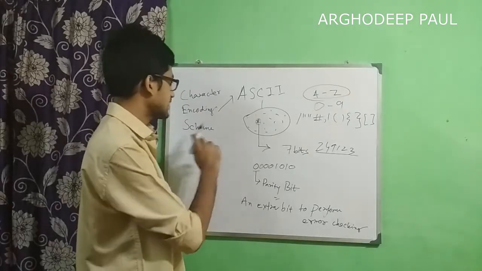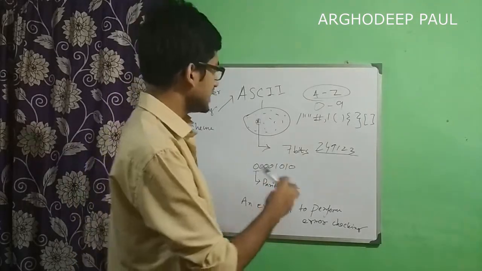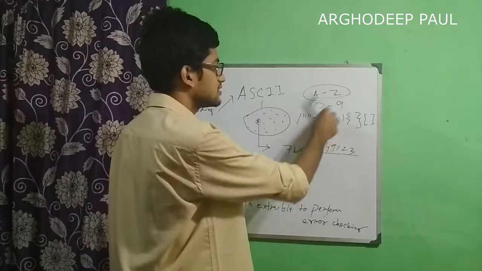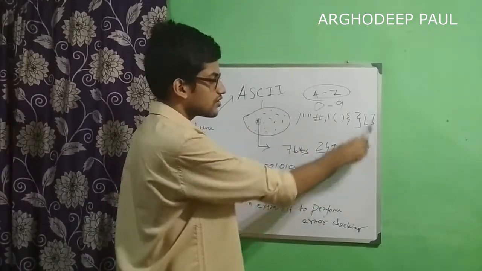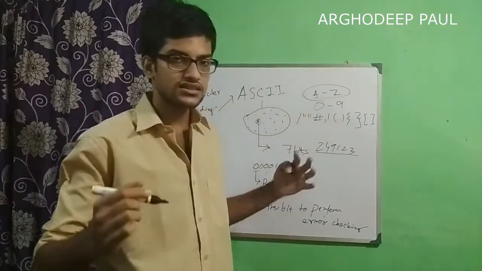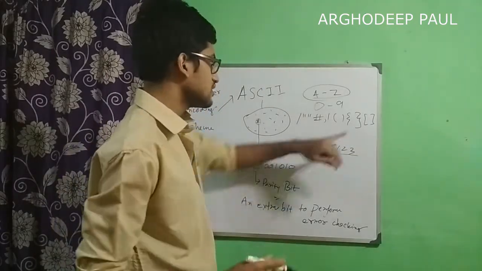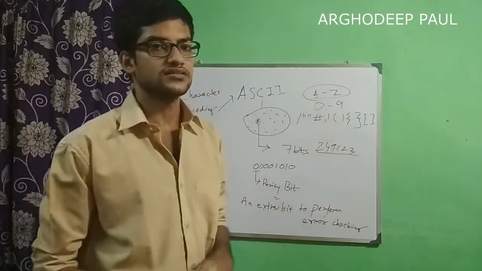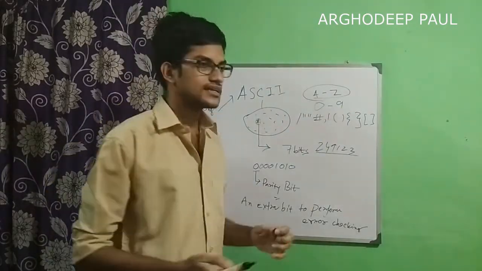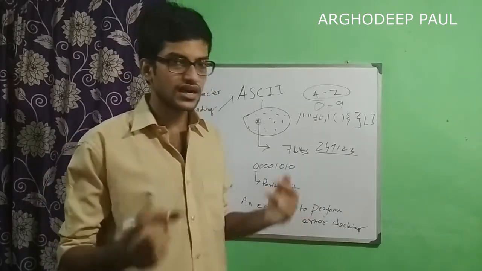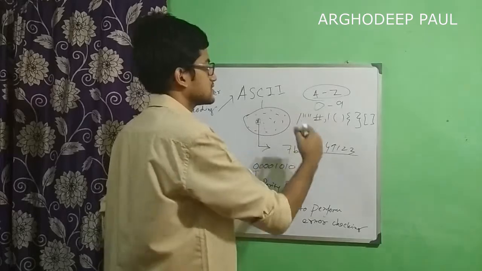ASCII is a character encoding scheme that will encode all of these characters, because your computer hardware cannot understand these letters, numbers and special characters directly. The universal term that covers all of these is character. Character is the umbrella term, meaning the term used for any of these.